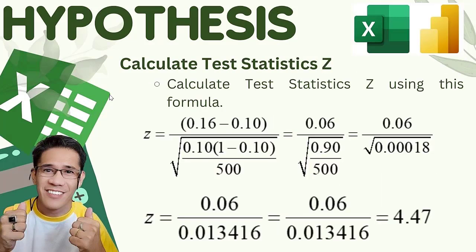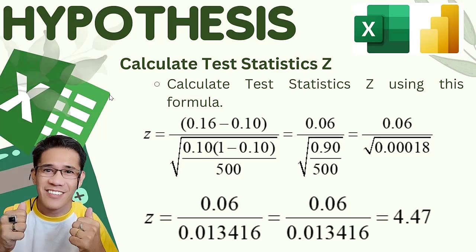Then the next step is to calculate the test statistic Z. This is the one sample proportion z-test. Okay, so I already discussed in my first slide the formula for the one sample proportion z-test, and this is just an application. So p hat minus p, so 0.16, this is the formula, alright?